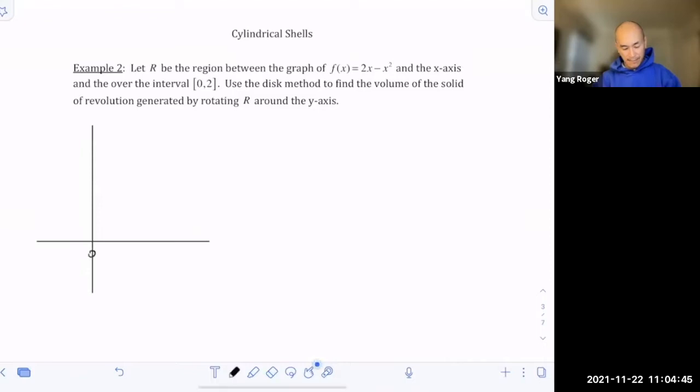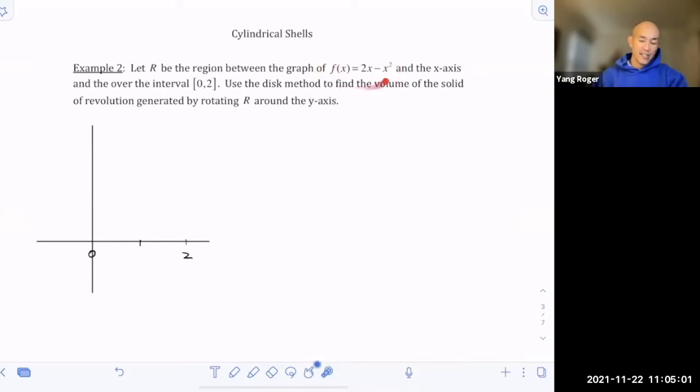Here's 0. Here's 2. Does anybody know what kind of object this is?